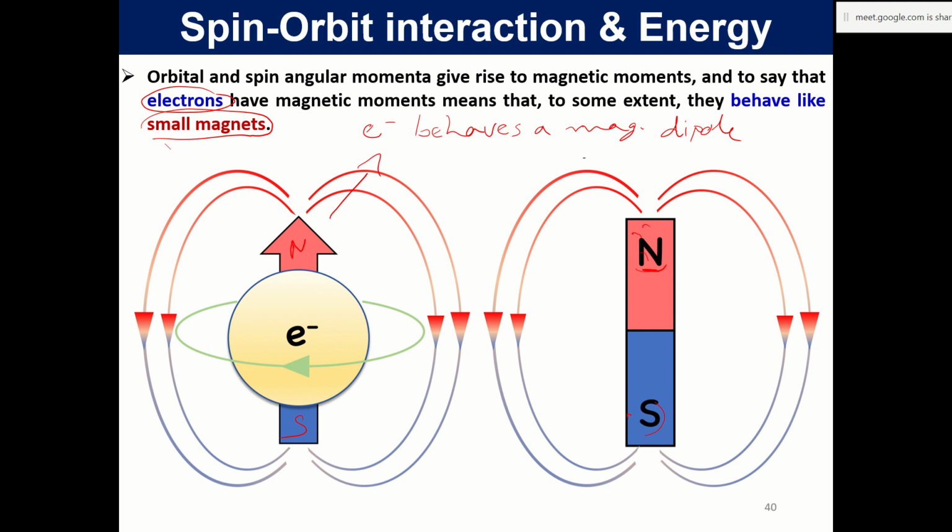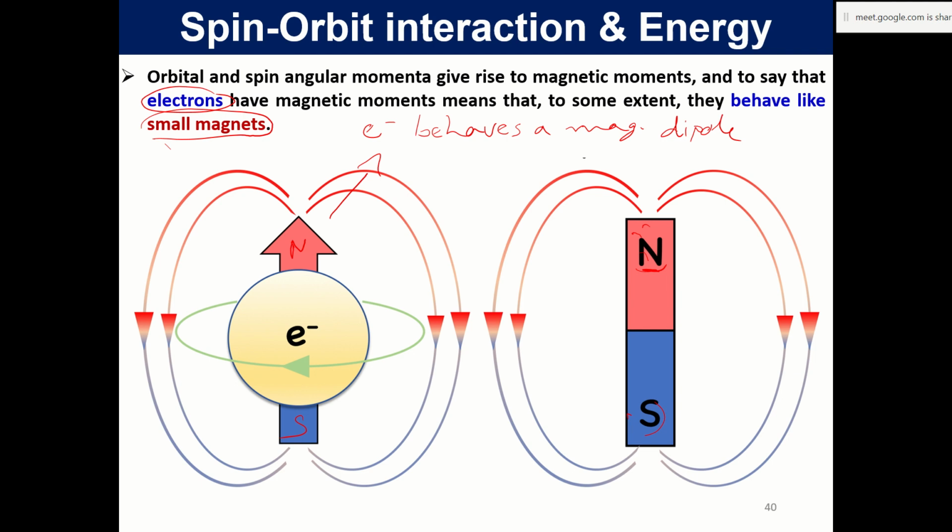There are no magnetic monopoles. You cannot have a separate north or separate south pole. Every particle that gives rise to a magnetic moment has both north and south poles.